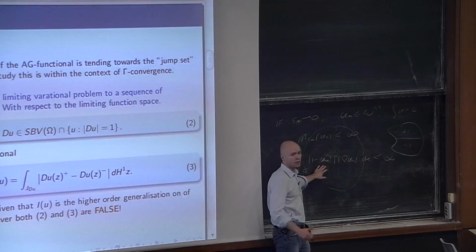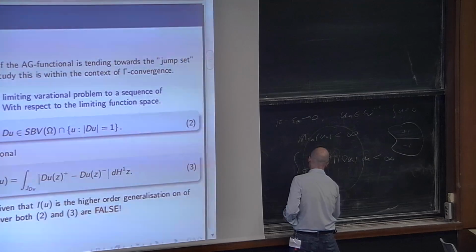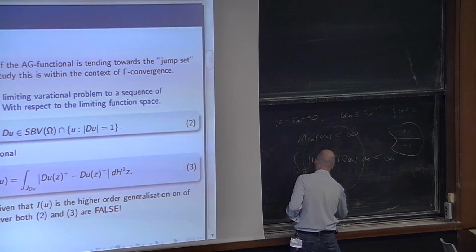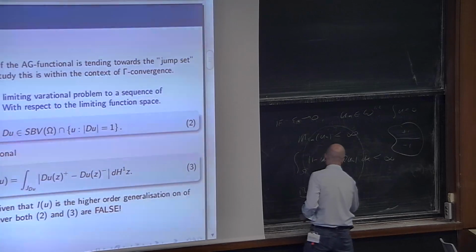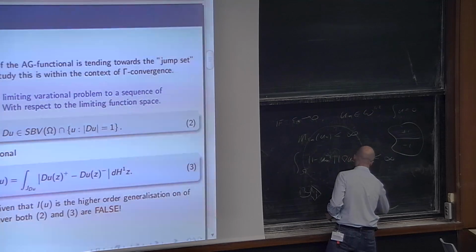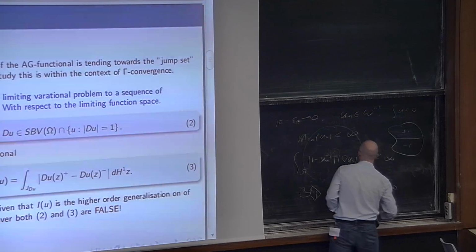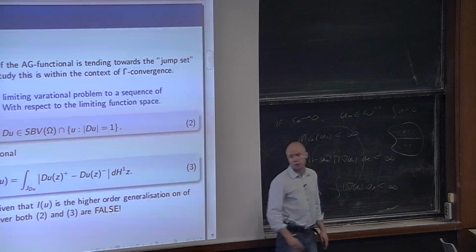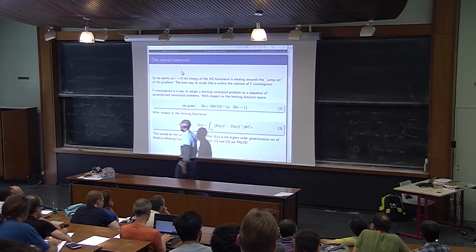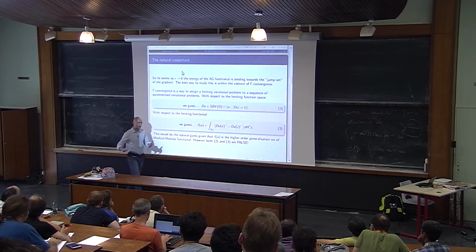Yeah? So let's pretend we can avoid these technicalities, which are not hard. It's just a little trick. So this is my symbol for being able to deduce that the L1 norm of the gradient is uniformly bounded. Then the fact that the Modica-Mortola energy is bounded means that the limiting functions will take either values plus or minus 1, okay? And the limiting functions will be in BV.